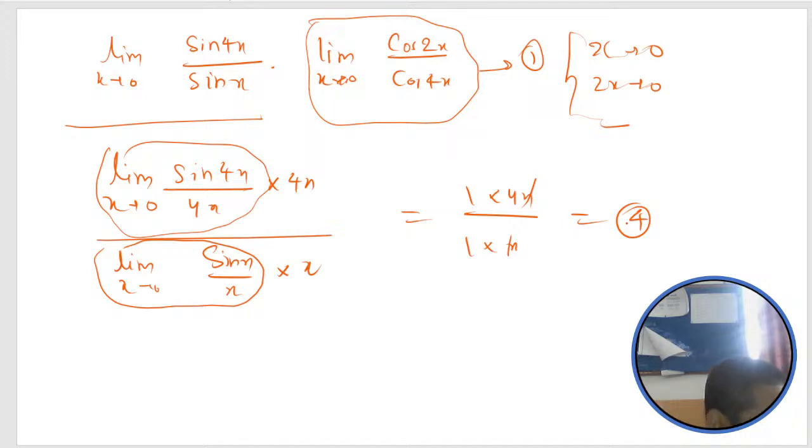Then let's move to the next question. Why can't I see the comments here? Open the comment section. Okay, yes, the internet connection is slow. What is this?